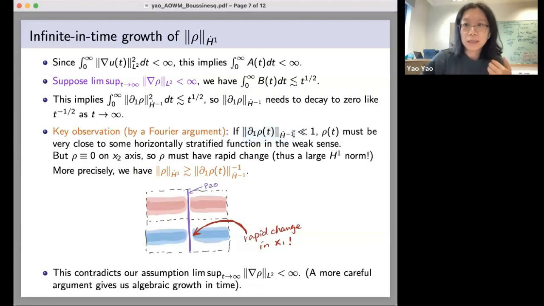What this means, intuitively speaking, is that rho is very close to some horizontally stratified function in the distribution sense.